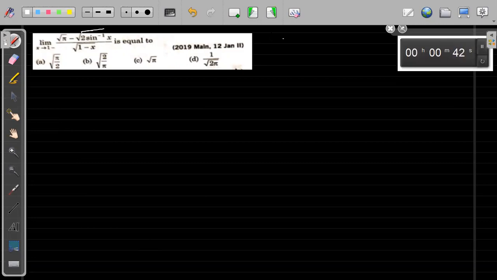Answer is B, B is correct. Sine inverse of x, d by dx, is simply 1 by root of 1 minus x square. I am writing it because this differentiation is very simple, and afterwards you will see it many times. B is correct.